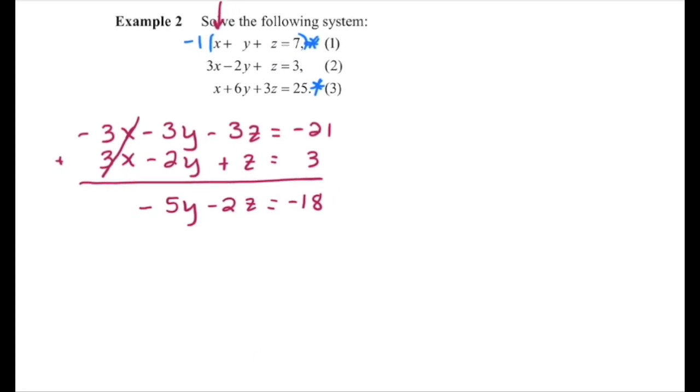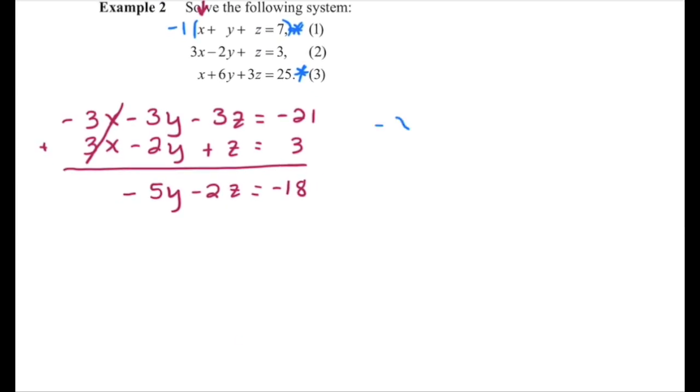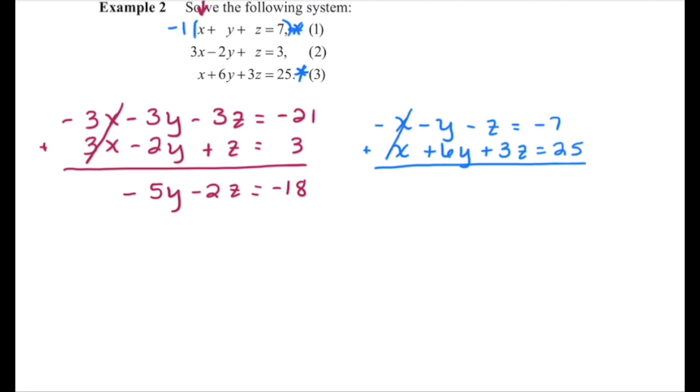So let's do that. -x minus y minus z is -7. X plus 6y plus 3z is 25. Let's add them together. Again, our x variables eliminate, and I have 5y plus 2z equals 18.